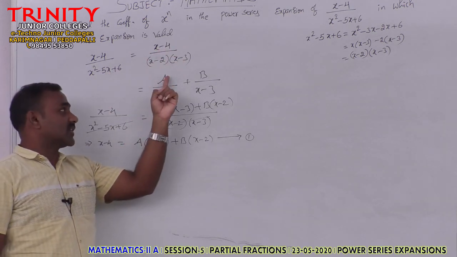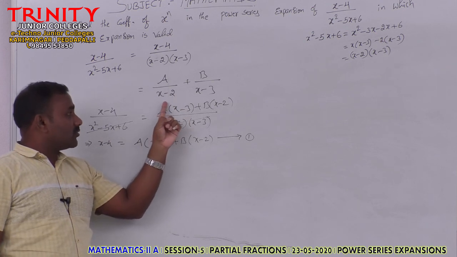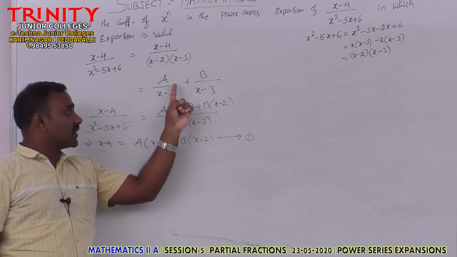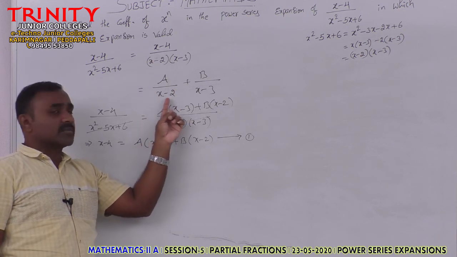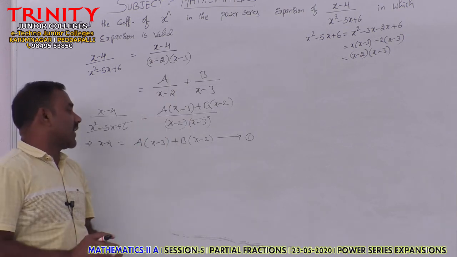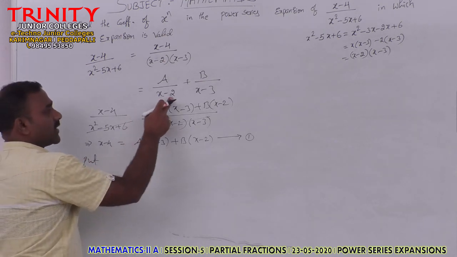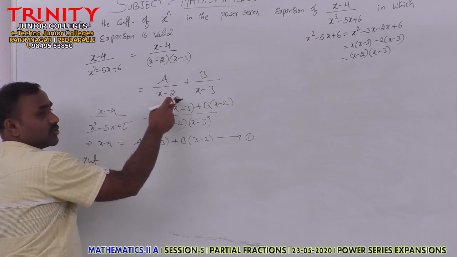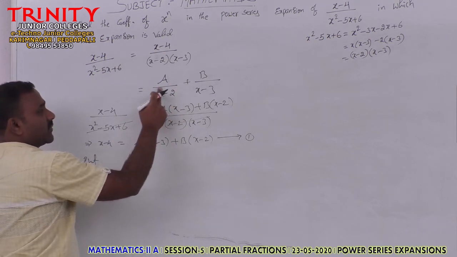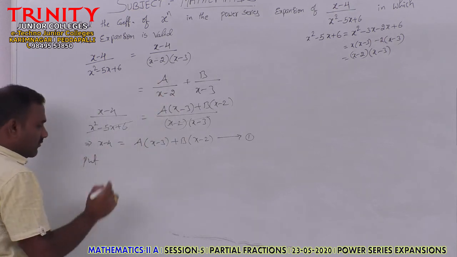Observe here, for what value of x does this denominator become 0? When this denominator becomes 0, x minus 2 becomes 0. When x minus 2 equals 0, x is equal to 2. Therefore, this denominator part becomes 0 when x is equal to 2, and then we will get the value of a.